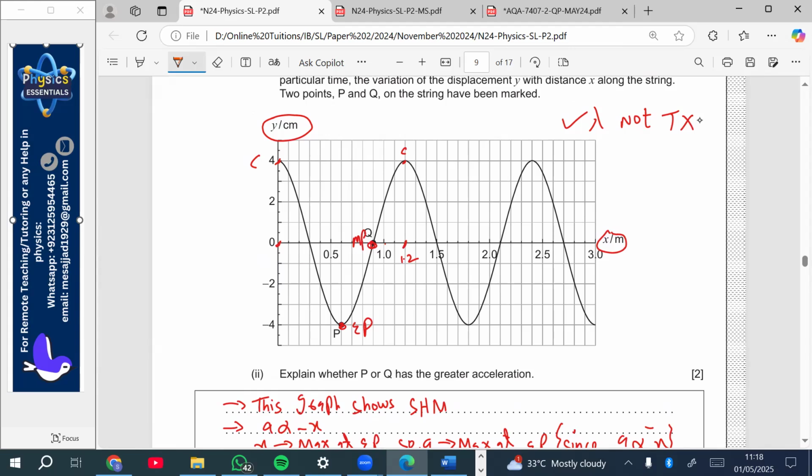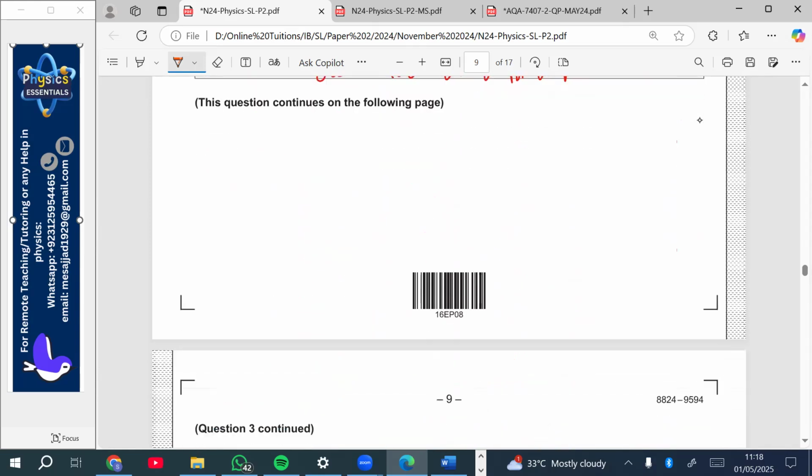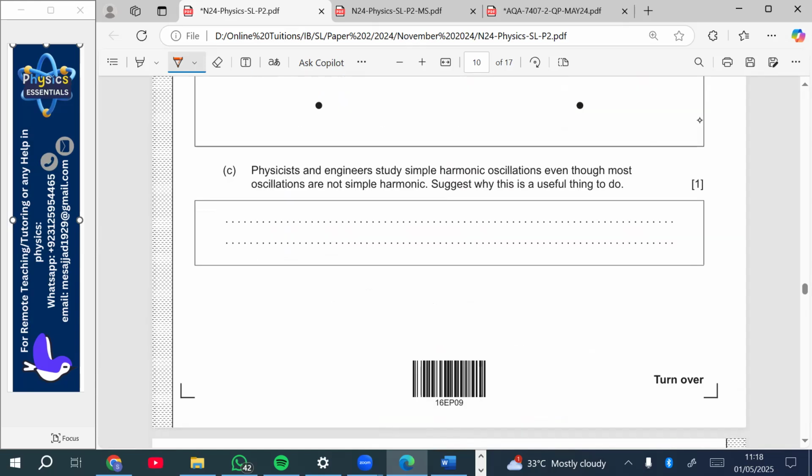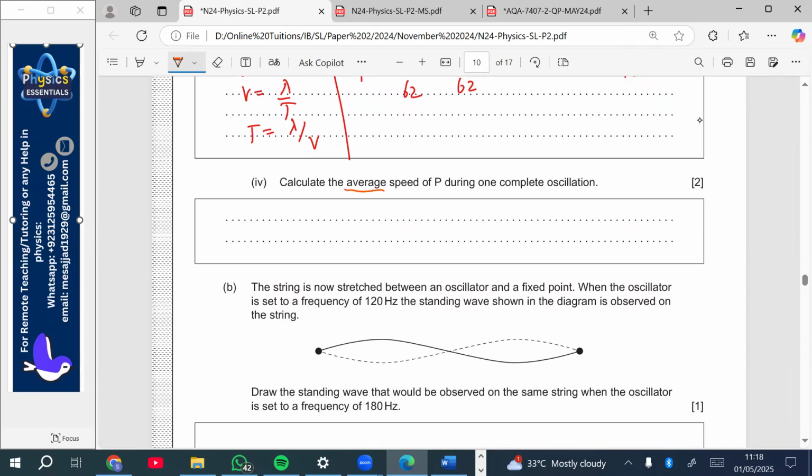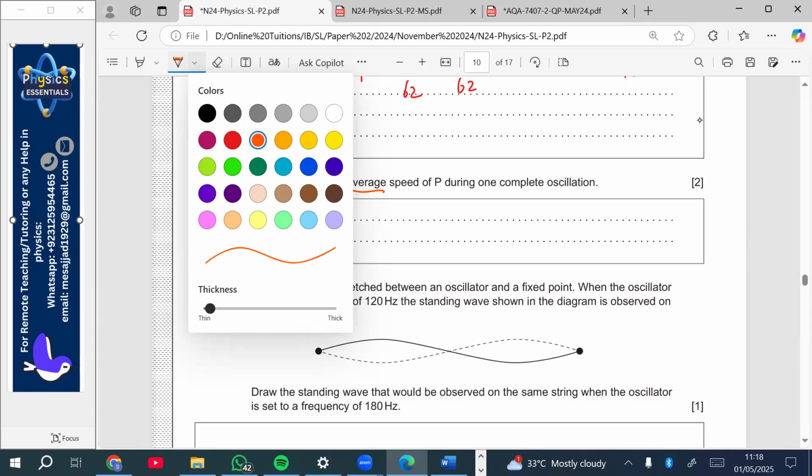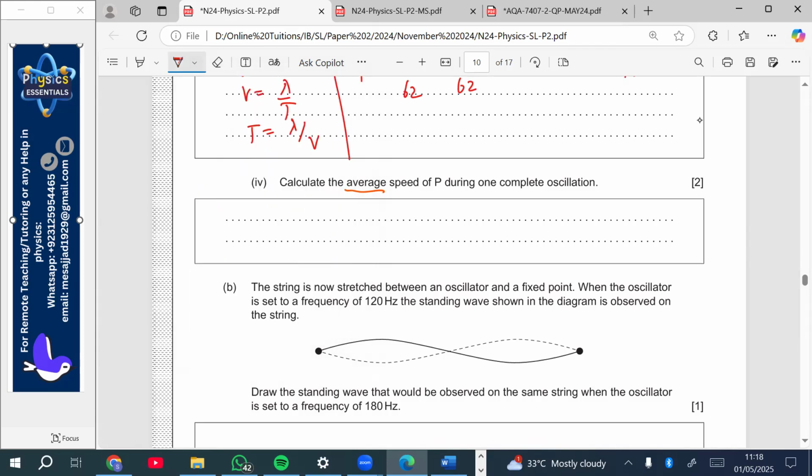You start first of all here. This is like 4 centimeter. Then you go down 4 centimeter. Then you move up 4 centimeter, and then you move up again 4 centimeter. So that is the distance you traveled in one complete oscillation. Okay, that is actually 16 centimeter, because for the average speed you always have distance over time.